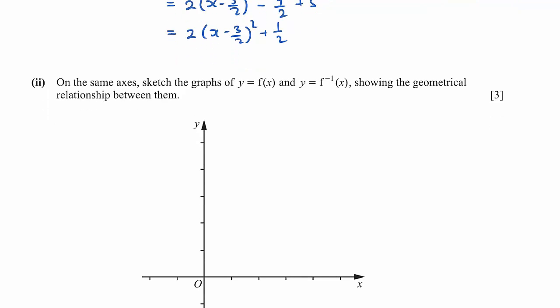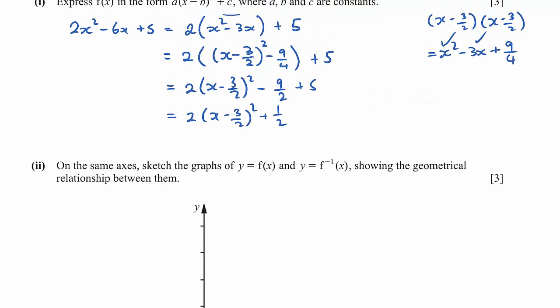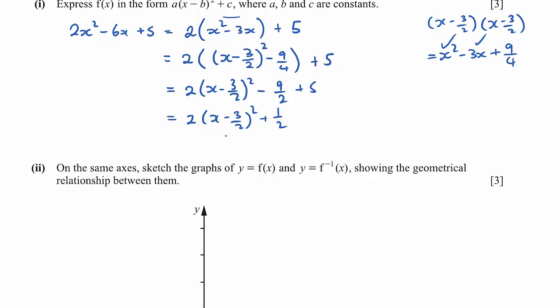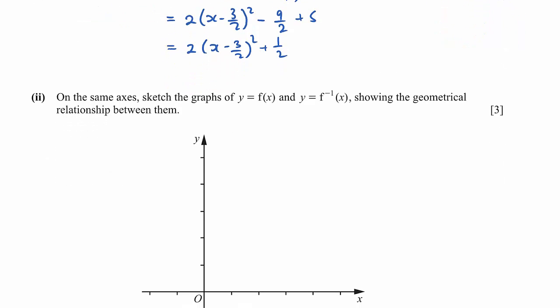So when x is equal to 3 over 2, this bracket here will equal 0 and we'll just have a half. So if I use each of these marks to be worth a half, that would put that just there, 3 over 2, a half.